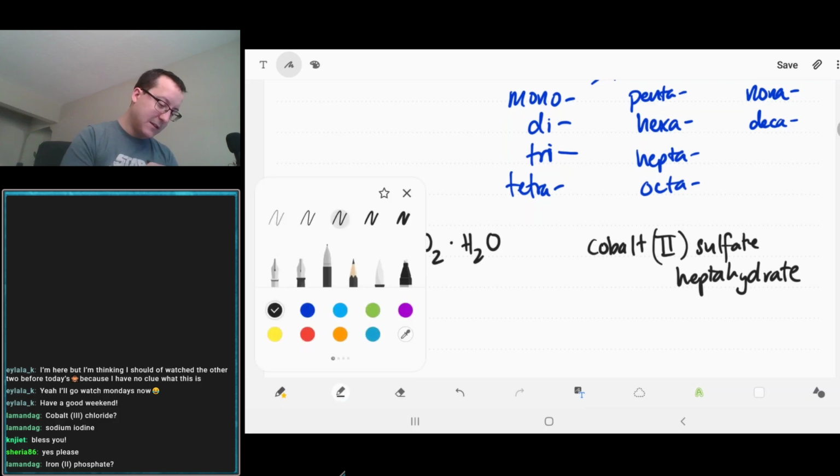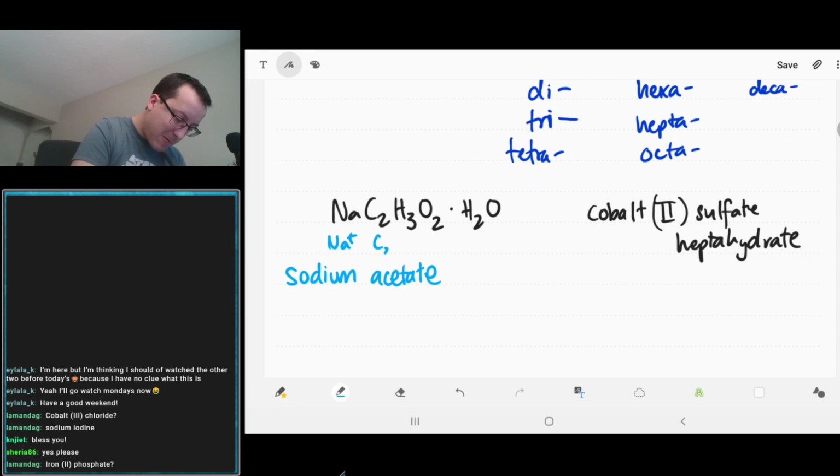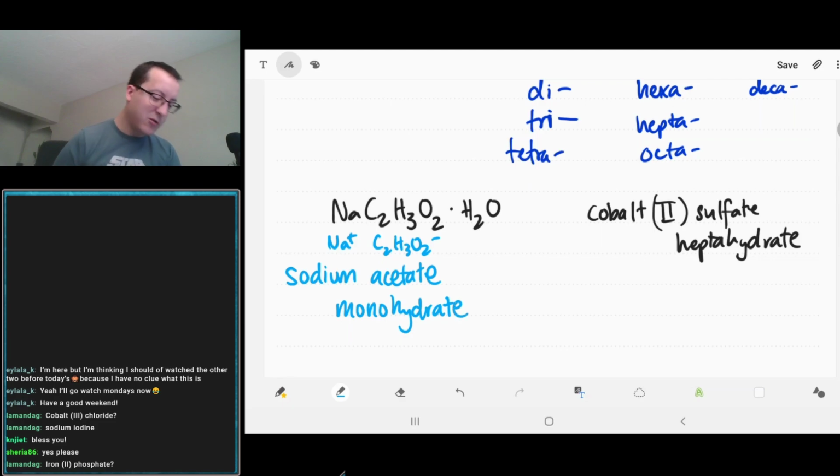And so this compound is sodium acetate. We know that because those were the 2 ions. And we have to put monohydrate. 1 water is a component of this particular compound.